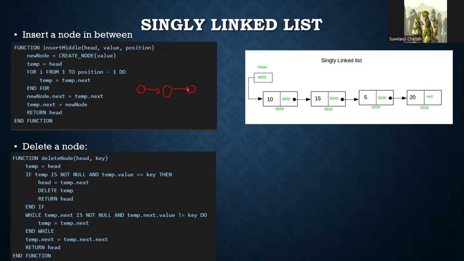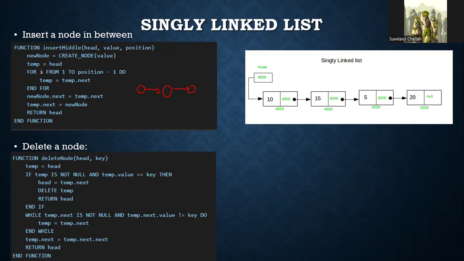Okay. So what this is basically saying is that we've got our head, right? And we're traversing through this list here from 1 to position - 1. So position is where we want to place our linked list, right? So let's just say we want to insert our node there.